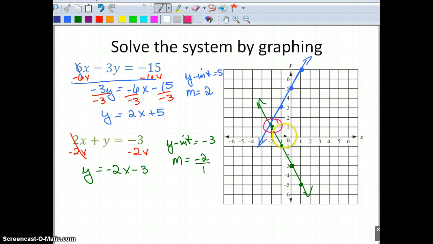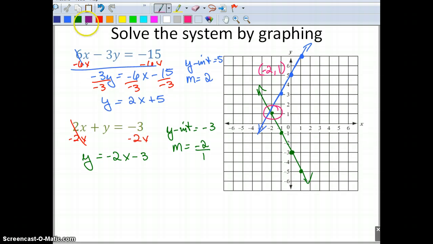So I'm going to try the point (-2, 1) and see if that works. With my blue line, I have 6x minus 3y is equal to negative 15, and I want to see if that's true with the point (-2, 1).